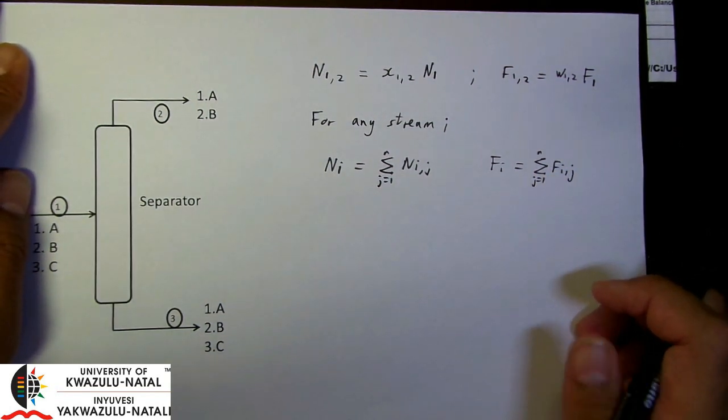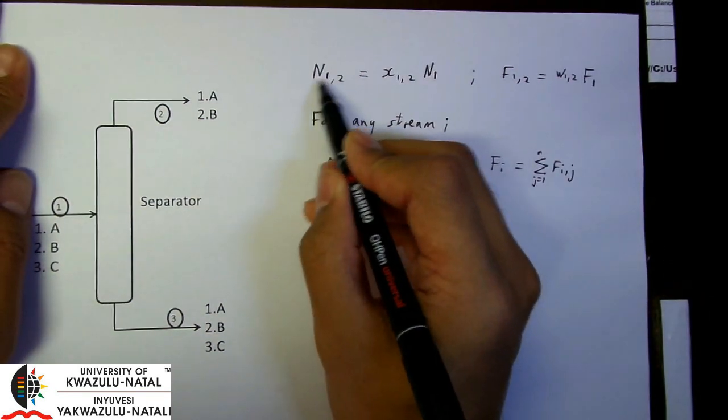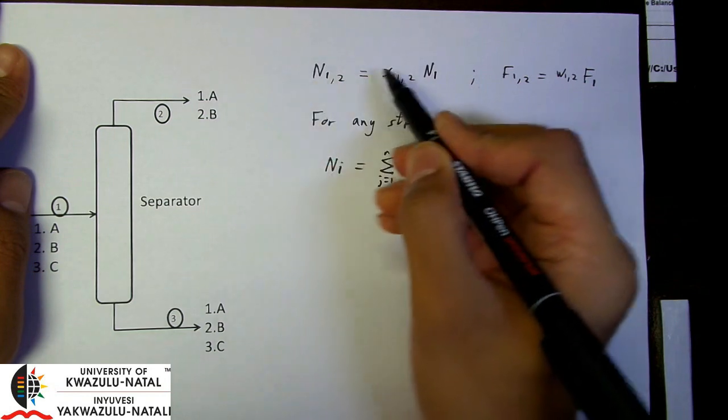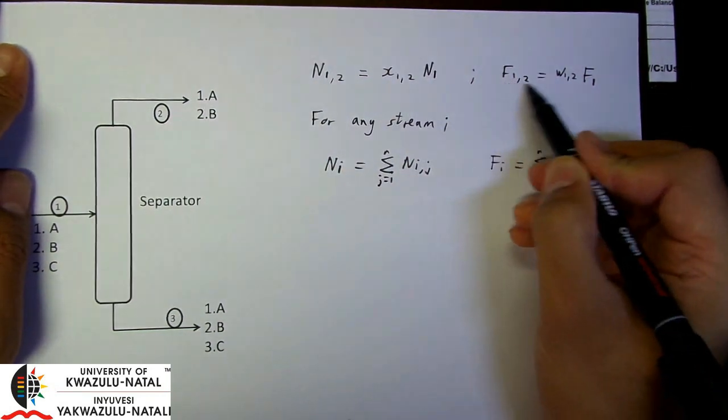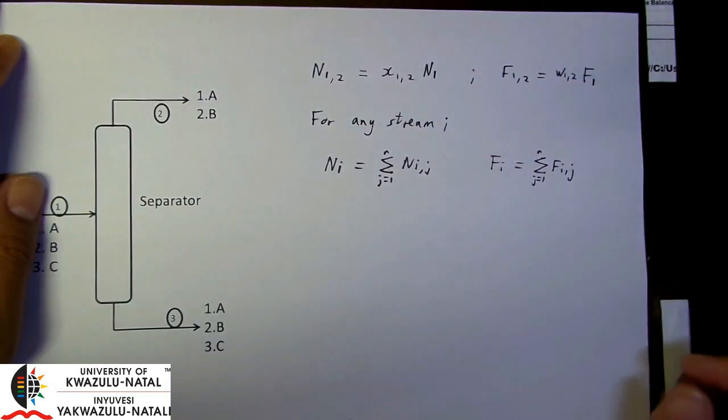At this point I need to reiterate once again, we can only use molar flow rates with mole fractions and mass flow rates with mass fractions. Do not confuse these two.